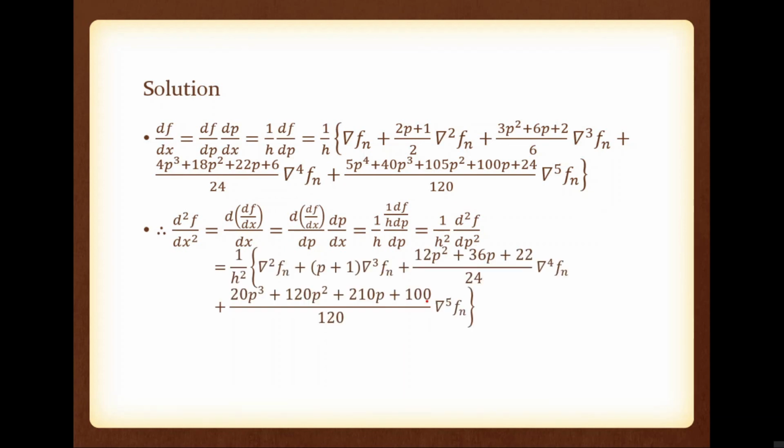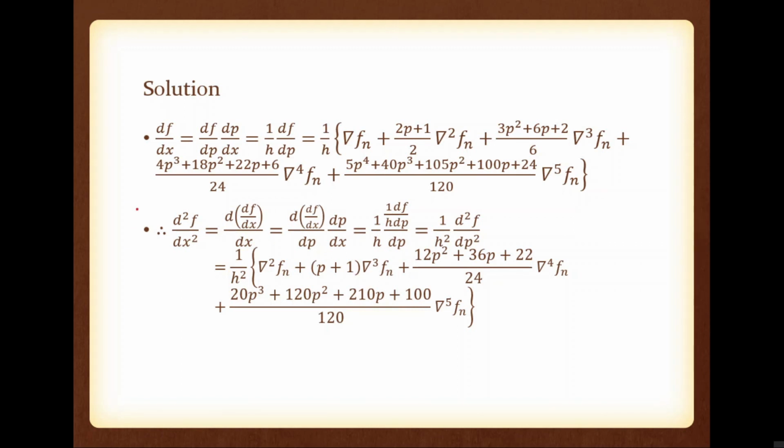So that is equal to 1 by h square into the derivative of this term. The derivative of del fn is 0 with respect to p. I told you this is df by dp. Its derivative with respect to p, this term is 0. Now derivative of this one is del square fn. Plus derivative of this term is p plus 1. This particular one is p plus 1. Its derivative into del cube fn. That is written here.